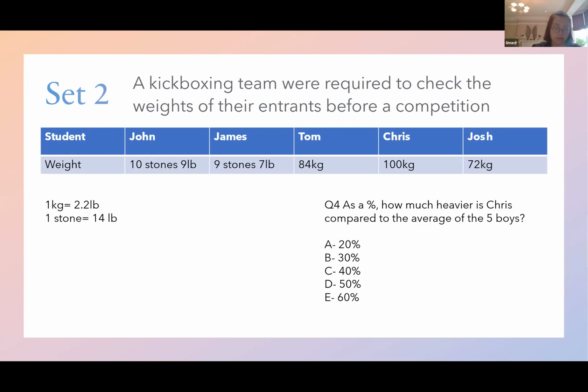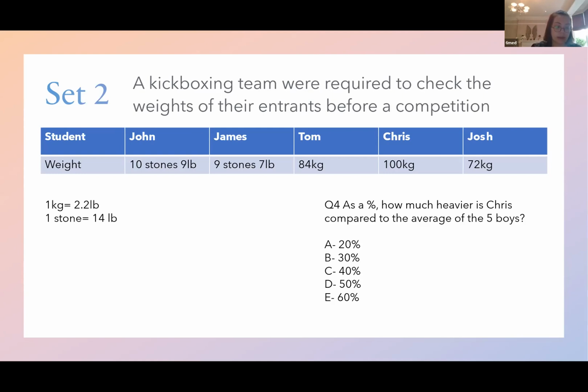384 divided by 5 is, so the average of the boys is 76.8 kilos and Chris is 100 kilos. So the difference is 23.2. And then, so we know what the difference is, and I'm sure most of you were able to get to that point. And then we're just trying to demonstrate it as a percentage.